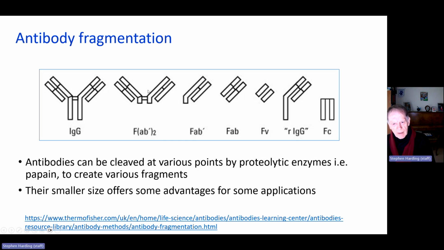For example, this F(ab')2, containing two Fab fragments still linked together by the hinge region, but with the Fc domain cut off, could be linked to some drug effector molecule. The Fd binding domain might be useful.